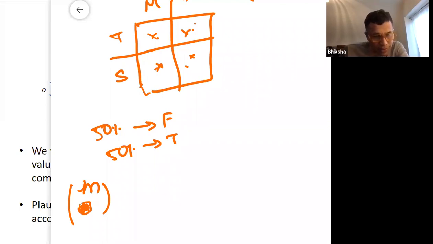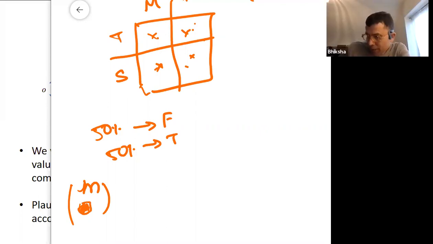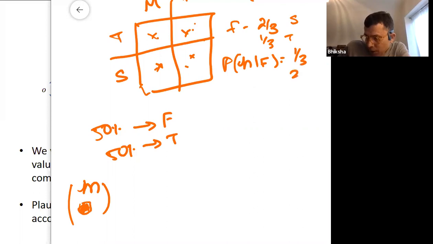No, right? So suppose I told you that amongst females, 2/3 of people are short and 1/3 of people are tall. So P of height given female is 1/3 for tall, 2/3 for short, okay? Similarly, P of height given male is 2/3 tall, 1/3 short.